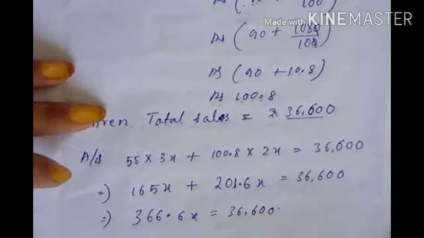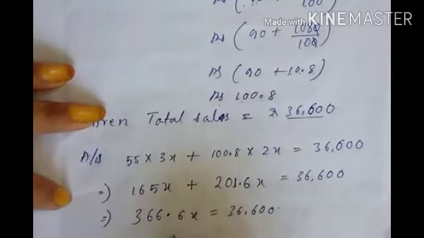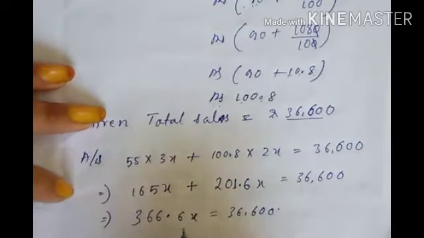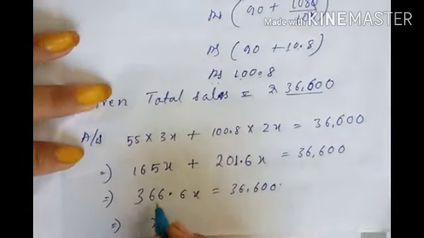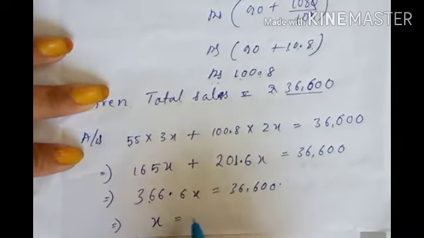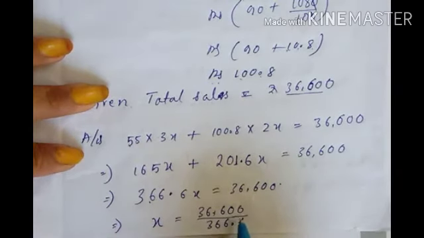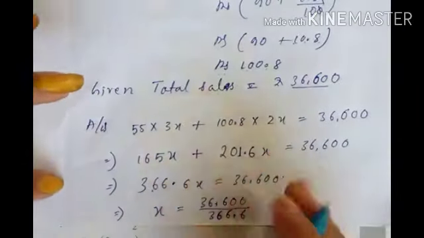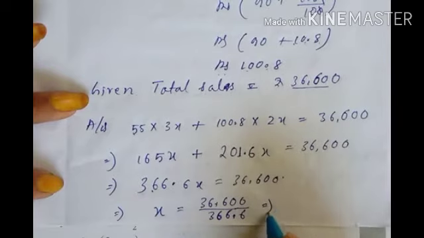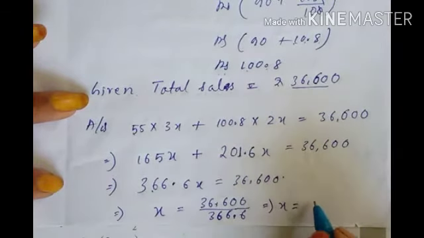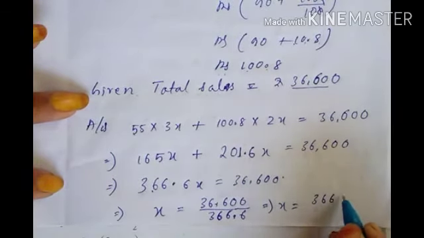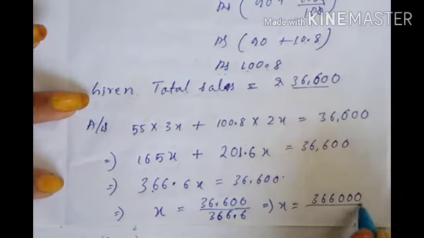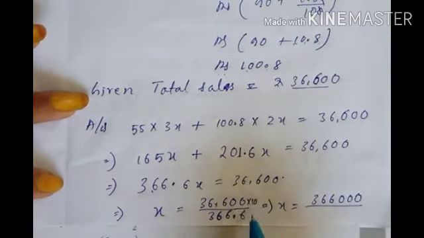This much, isn't it? Now x equals how much? If you transfer to here, it will become 36.6. Now if you want to remove this decimal, what you will do? You will multiply with 10 on both sides. Okay, so 36,600 and one more 0 will increase because you have to multiply with 10.